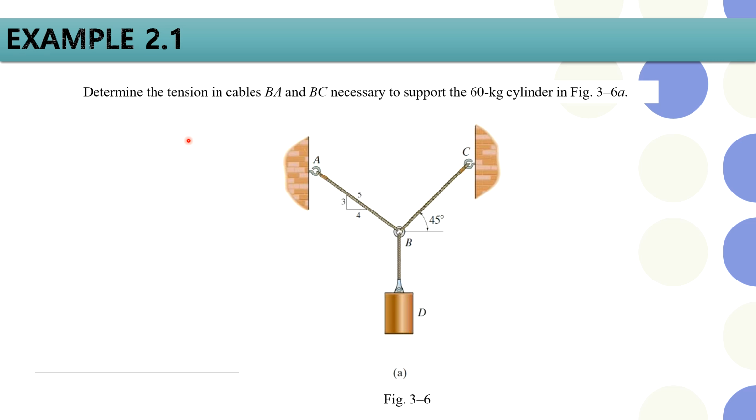So let's look at this example 2.1. We need to determine the tension in cables BA and BC that are holding up a 60 kilogram cylinder. Look at this geometry very carefully.